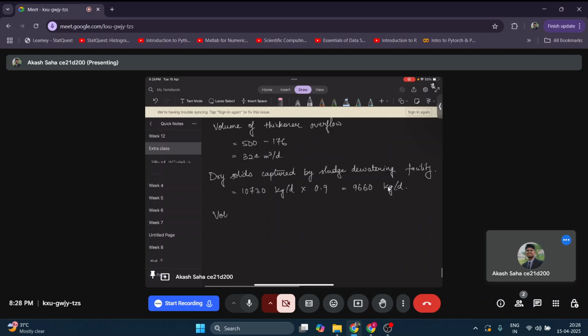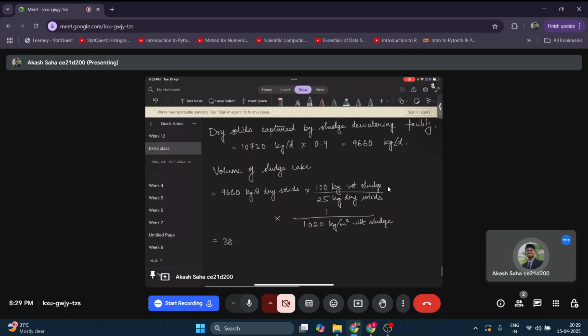So my volume of sludge cake would be into 100 kg of wet sludge by 25 kg of dry solids into the density of wet sludge.